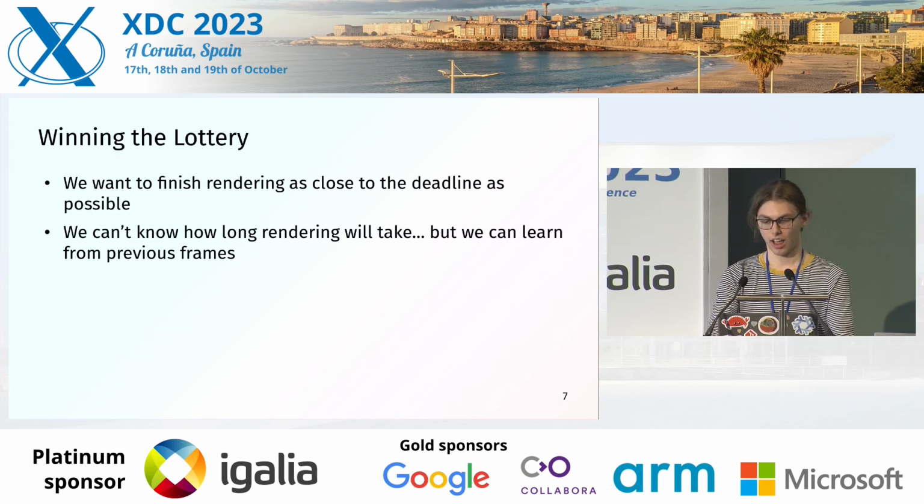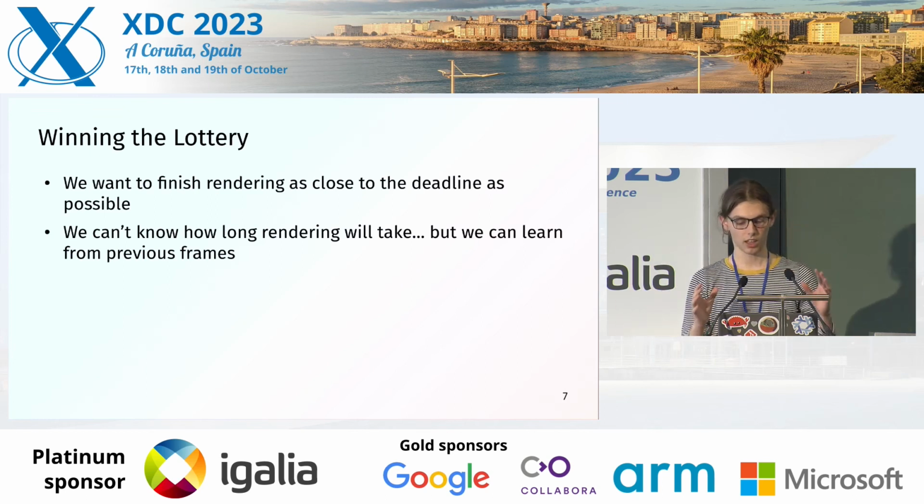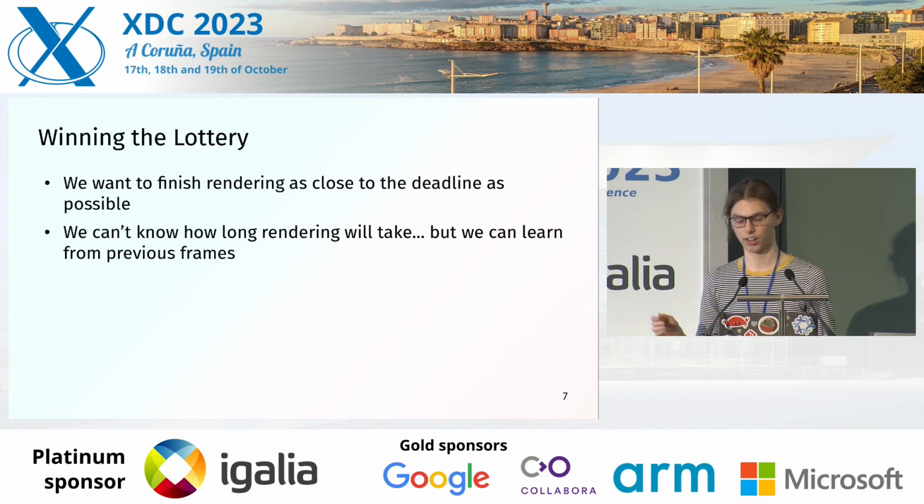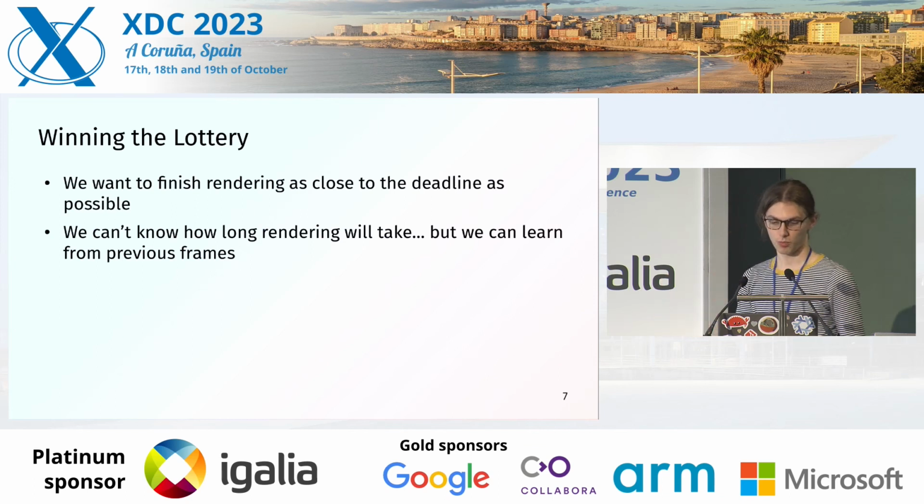I think strategies that people have already implemented, KWin uses a window of maybe 15 previous frames, and they'll say, some of them took 3 milliseconds, then one after took 4, so the next one is probably not going to take more than 5. And then they can use that guess with a bit of tolerance built in, because you might guess wrong, to time the start of the render correctly.